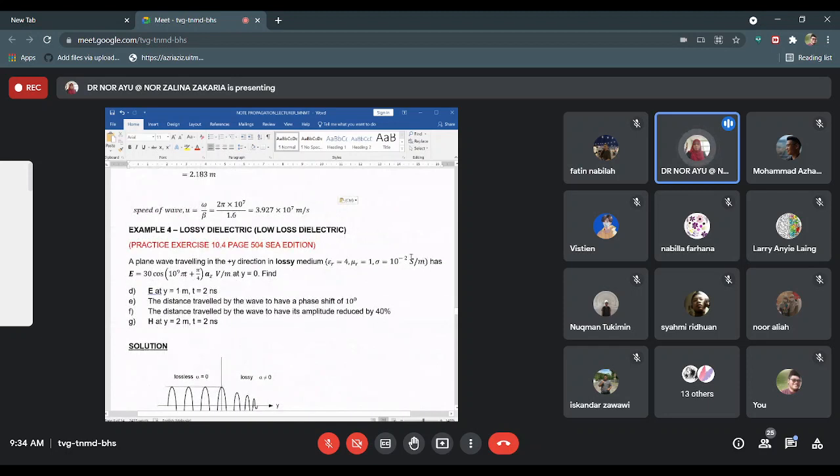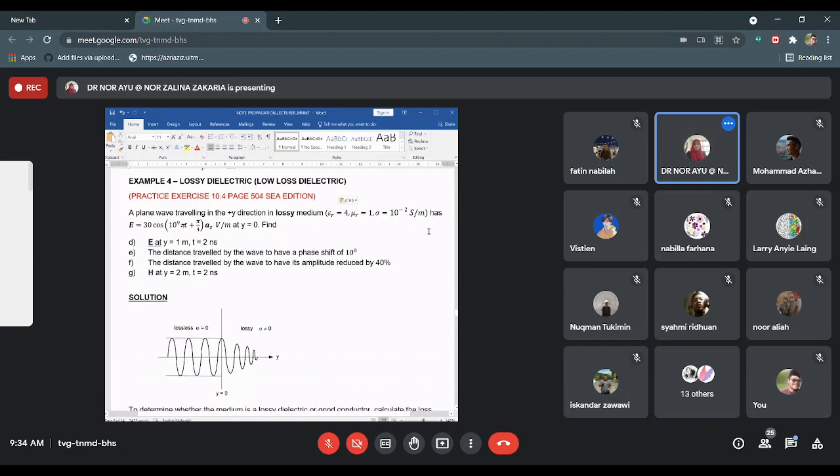Okay, so the next one is a lossy dielectric, or low loss dielectric. So this is a lossy medium. Okay, so you look into the question again. A plane wave travelling in the positive y direction in a lossy medium, and these are all the parameters. Again, if you look at the equations over here, you might say it is the lossless equation, right?